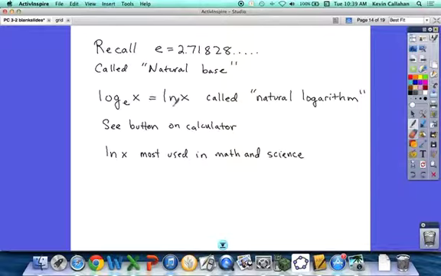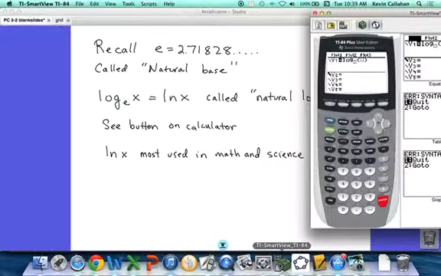You don't see a base there, but when you see the ln, you know the base is e. So if you go to your calculator, right below the logarithm, there's your ln. Natural log.